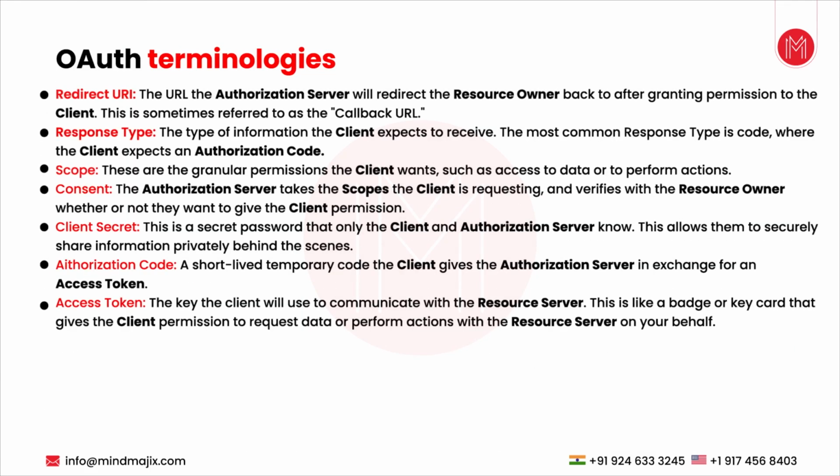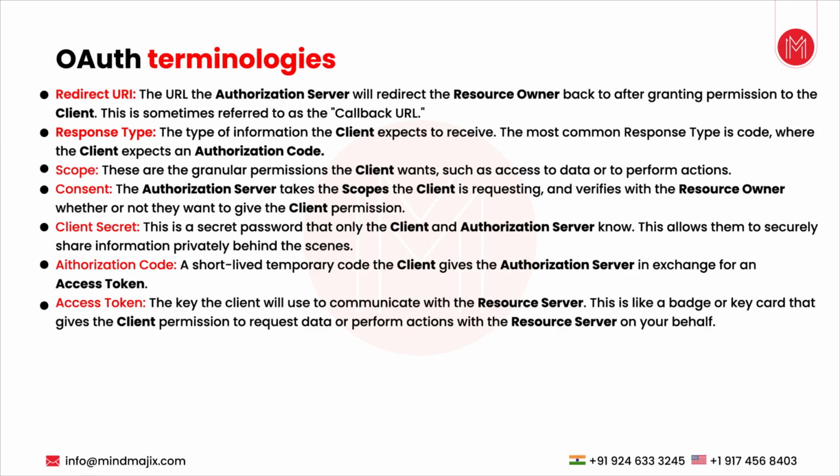Next, some of the other terminologies which we have in OAuth. One is the redirect URI. This is the URL the authorization server will redirect the resource owner back to after granting permissions to the client. The resource owner is the one who is going to be authorized, basically the end user.